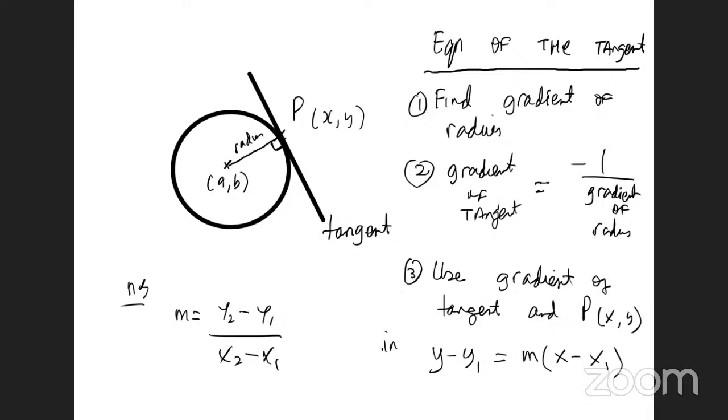Ready? So step 1, use the 2 points, find the gradient. Step 2, find the negative reciprocal. Step 3, use the formula.